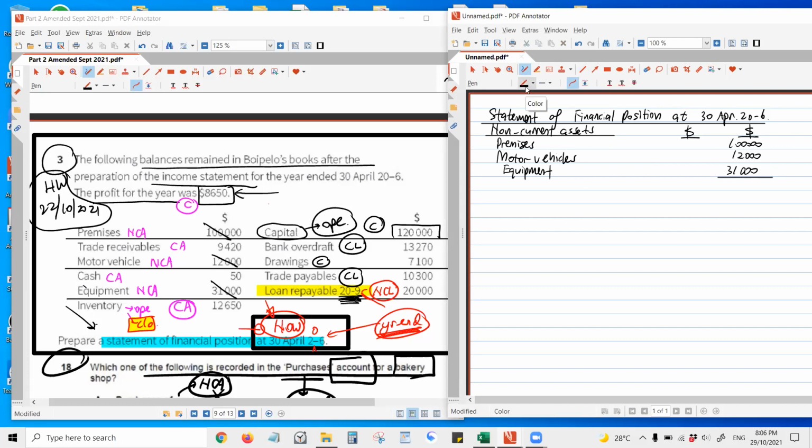Now done with the NCA section, total it up. Total up all the numbers for the NCA. 143000. Write it down here. Don't have to write anything on the left. Continue. Current assets. Draw a line for this.